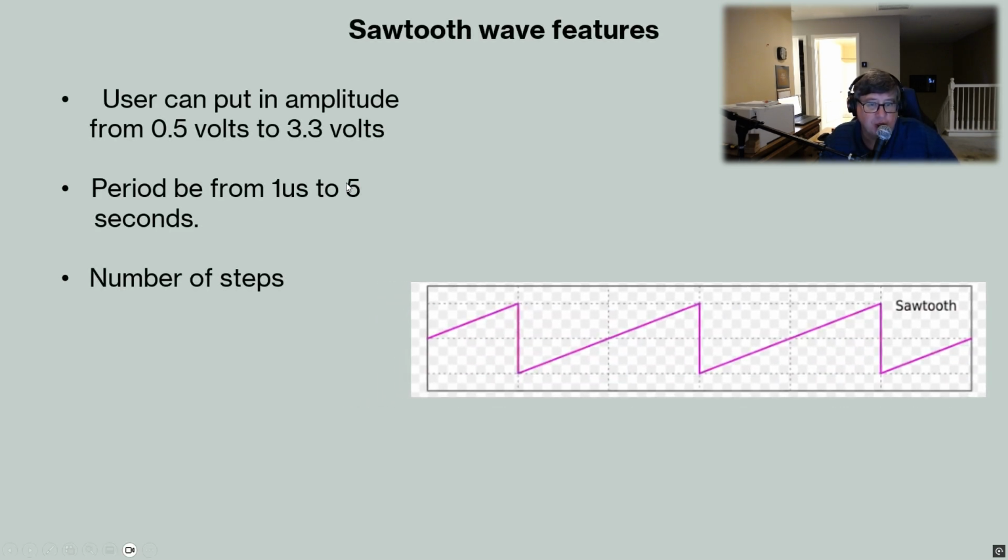Let's do the sawtooth wave. The sawtooth wave is an amplitude of 0.5 volts to 3.3 volts. The user should be able to put that in a function. So we discussed functions a little bit. We're going to discuss functions a bit more. They're quite useful. And the number of steps. More than one is nice.